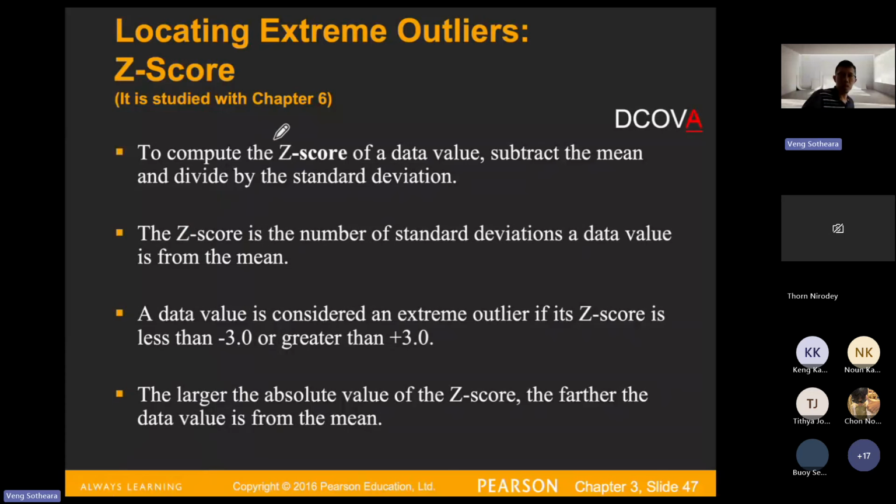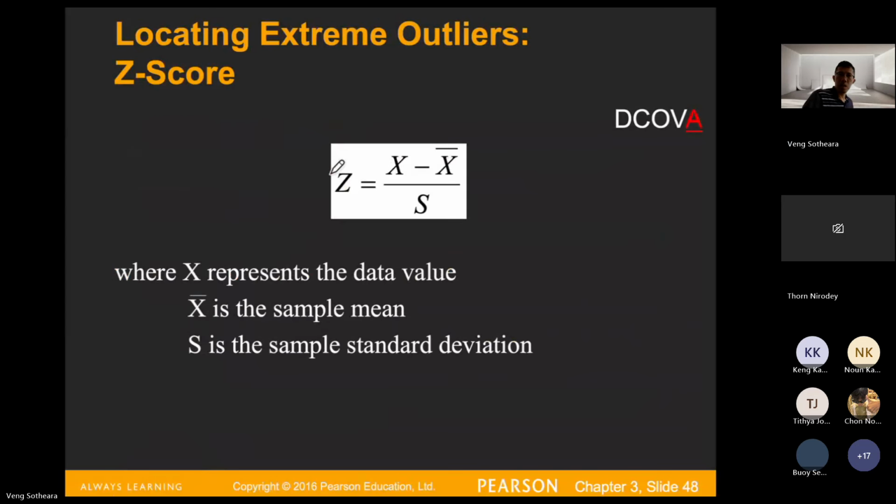Because the z-score is actually the standard value of those values.